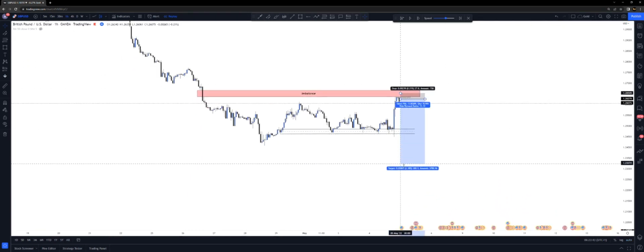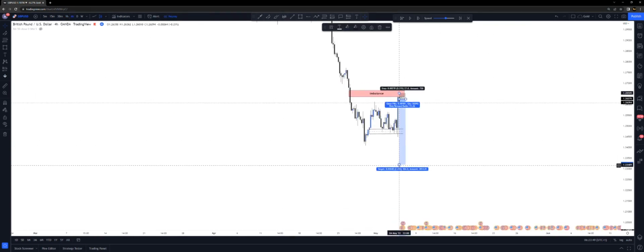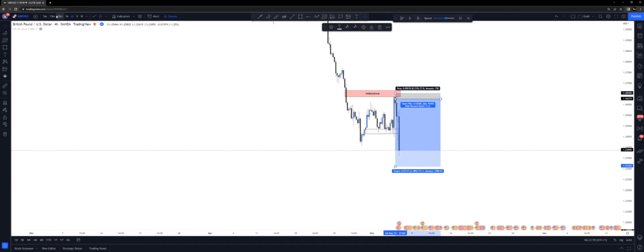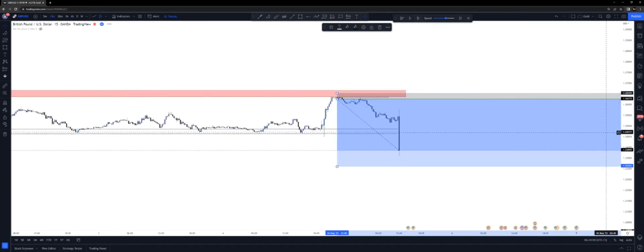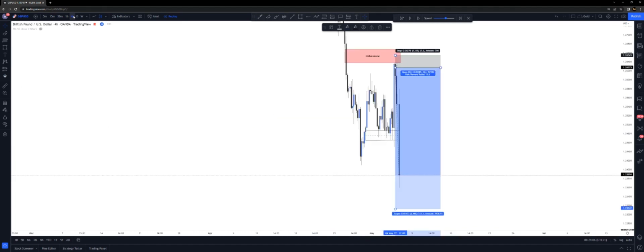This is the 4 hours. So that's perfect. Let's see if we got tapped into the trade. Now perfect, and you can see it came back down, tapped us in on the downside. So we're in the trade.